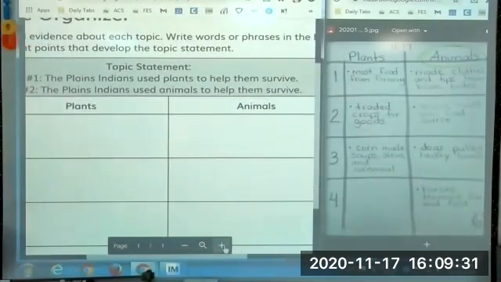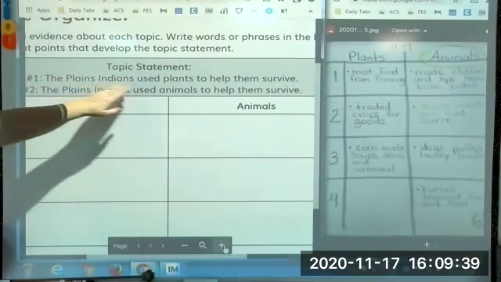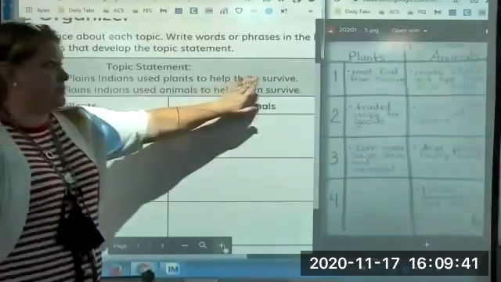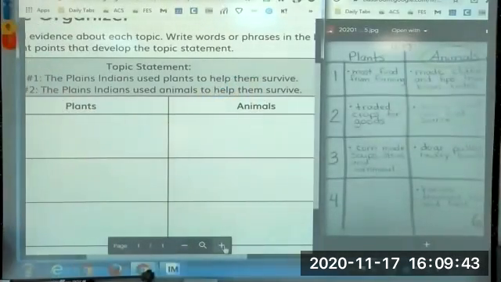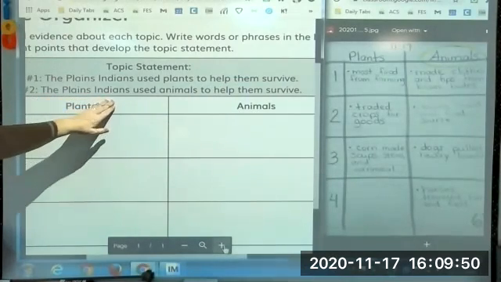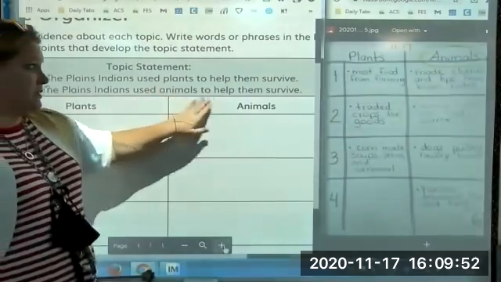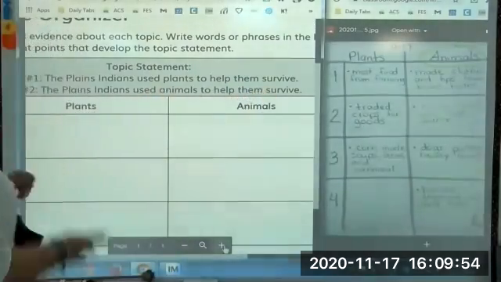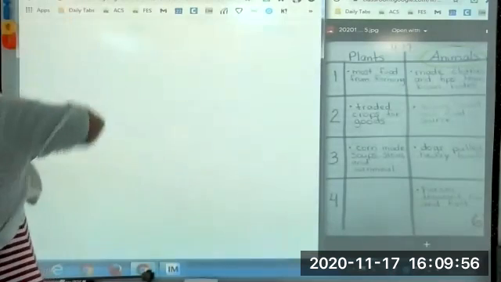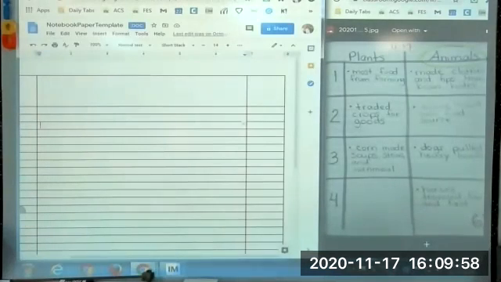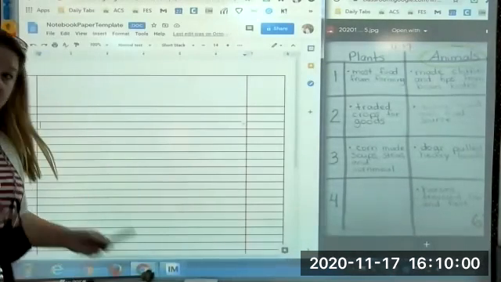If you decided to write about plants, your topic statement is going to be the Plains Indians used plants to help them survive. If you chose to write about the animals, your topic statement is going to be the Plains Indians use animals to help them survive.